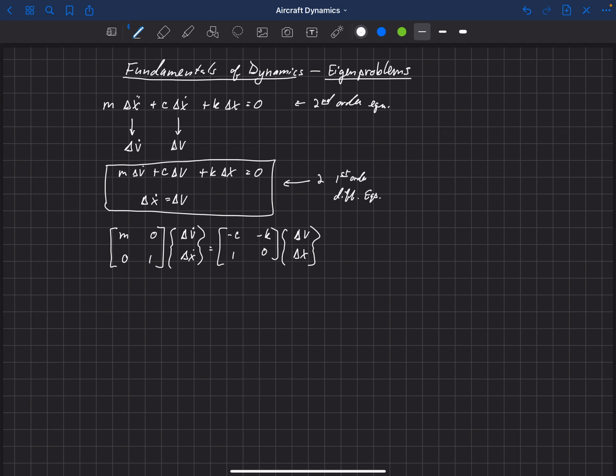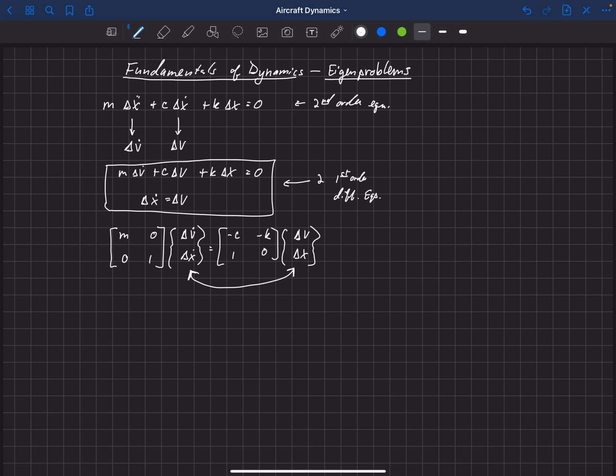Okay, so all of my derivatives with respect to time I have on the left hand side, and then the delta v and the delta x I just got on the right hand side. Okay, so notice that this vector over here is just the derivative with respect to time of what I have in this vector right here.